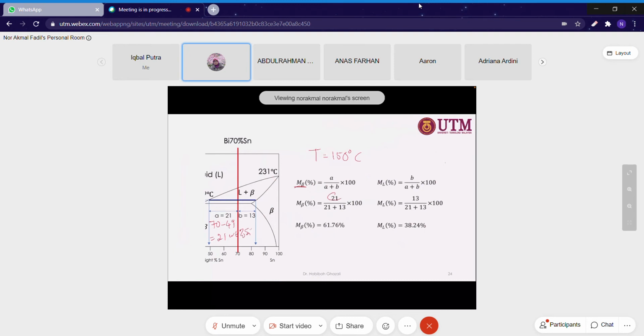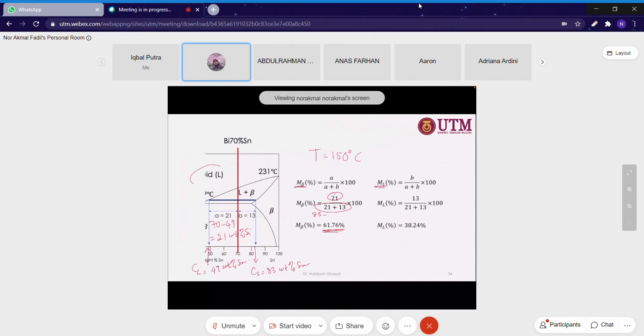This one you can also calculate based on 83 minus 49, where CS equals 83 weight percentage of tin, and CL equals 49 weight percentage of tin. And then we got 61.76%. All right, and ML is similar, the fraction of liquid.